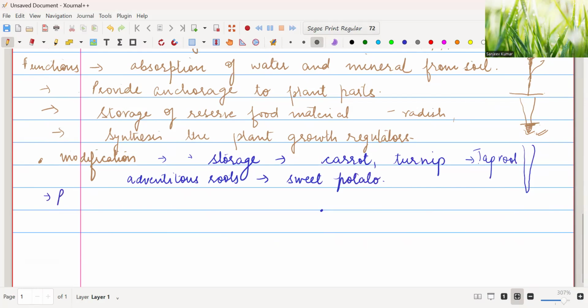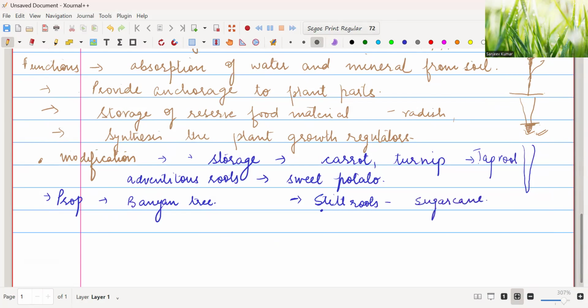Then the prop roots, which arise from the branches to support them, like in the banyan tree. Then there are stilt roots that come out from the lower nodes, like in sugarcane.